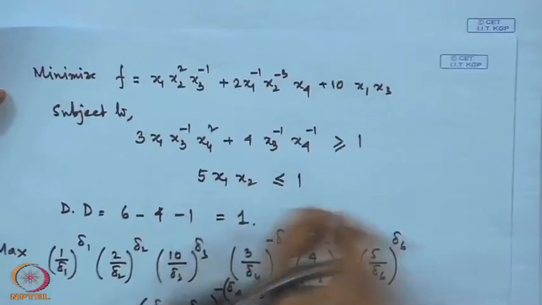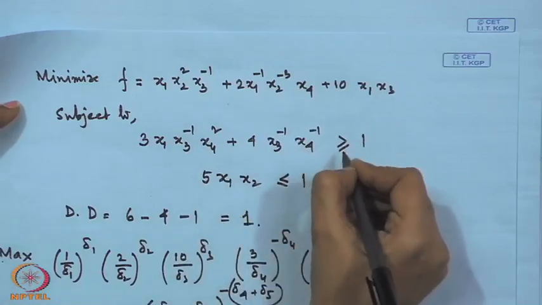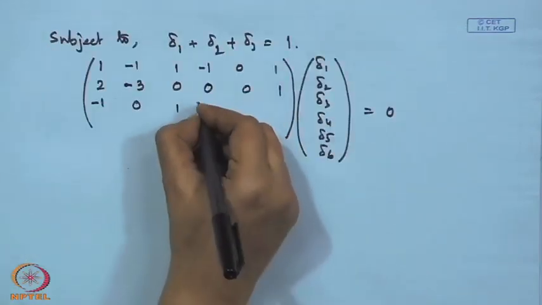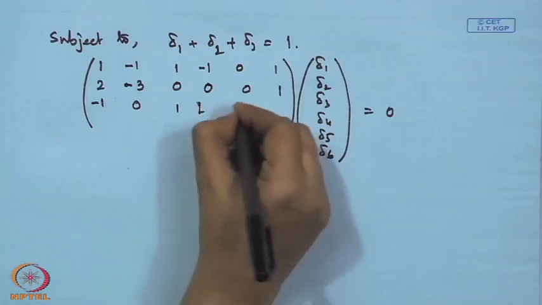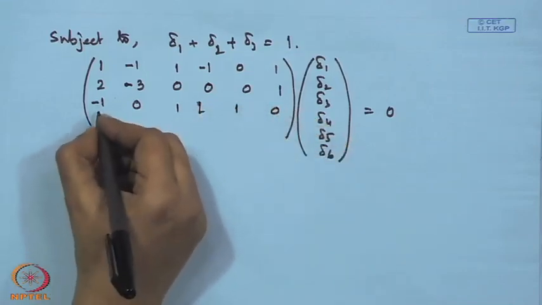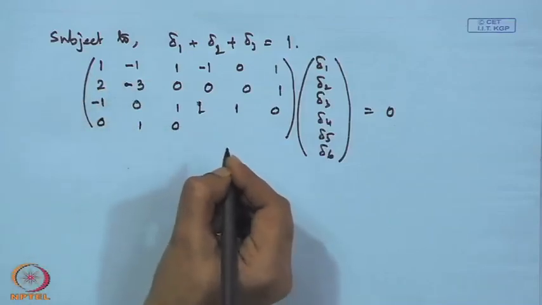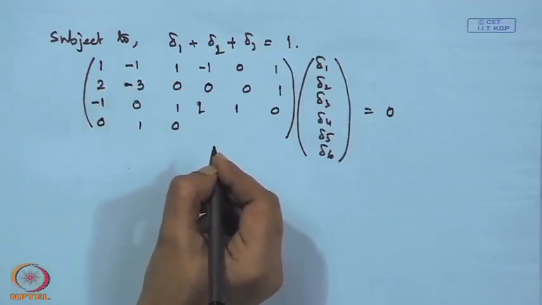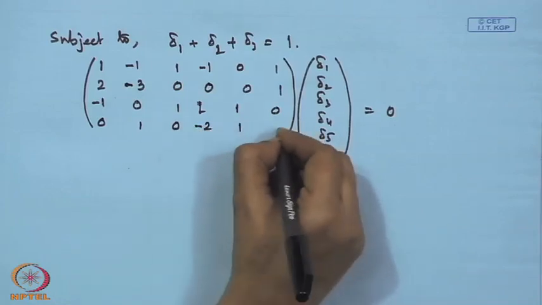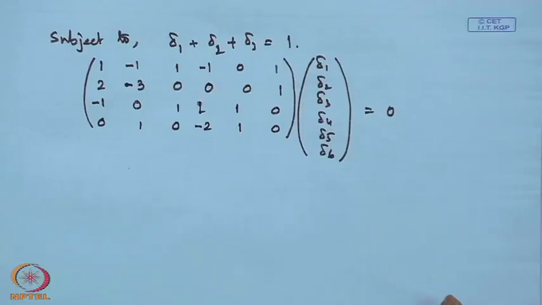You see here the power of x3 is minus 1, but since the constraint is of type greater than equal to, we will not take minus 1, we will consider plus 1 here. Thus, this is 1, 1, 0, and for the fourth decision variable the powers are 0, 1, 0, and here we are getting minus 2, 1 and 0. Thus, these are the set of constraints.